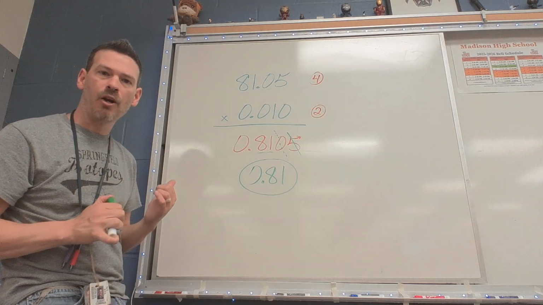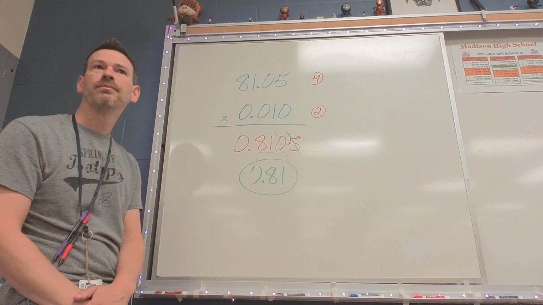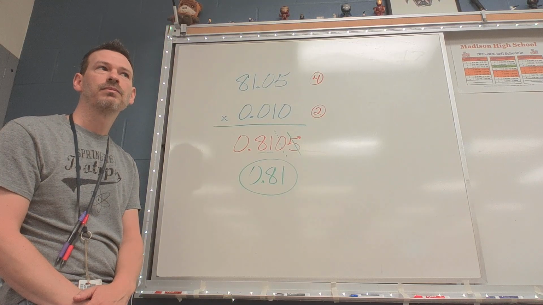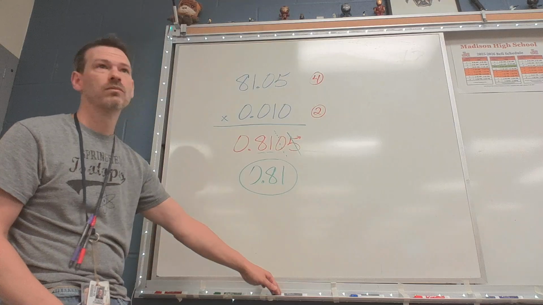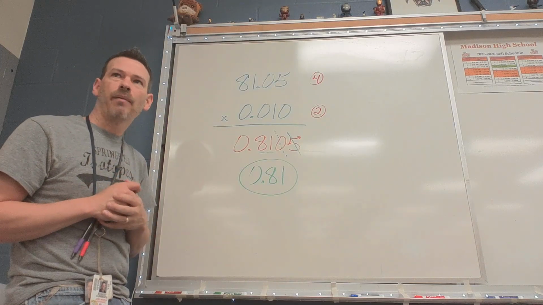The green number there is the only reportable number to get a correct answer. Dividing works the same way.